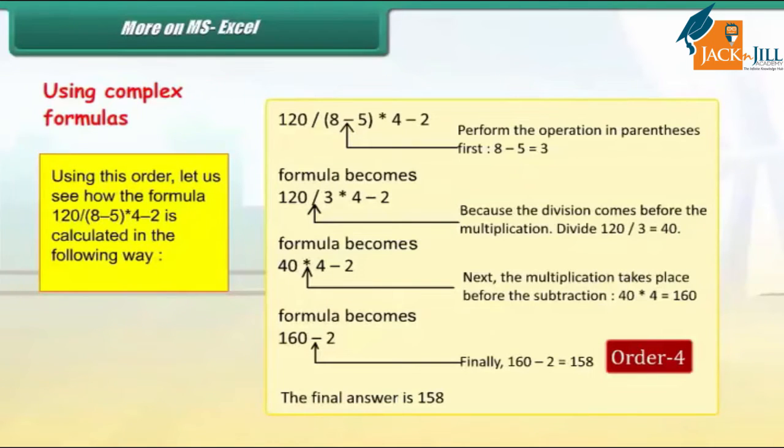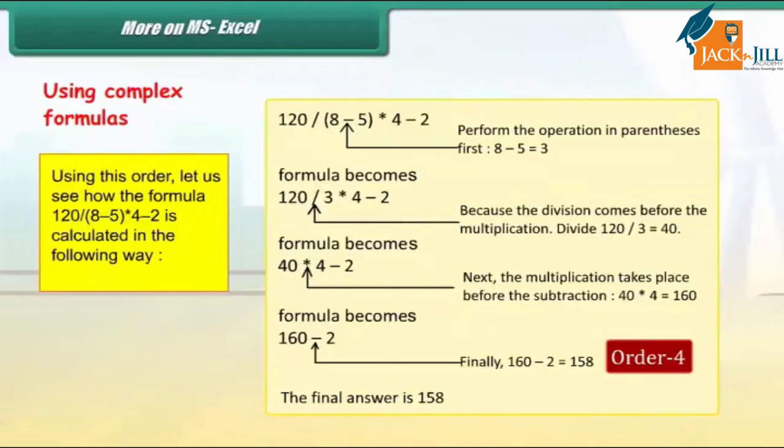Well, if you ignore the parentheses and calculate in the order in which the numbers appear, 2 into 6 minus 4, you will get the wrong answer 8. You must follow the order of operations to get the correct answer. To calculate the correct answer, calculate the operation in parentheses 6 minus 4, where the answer is 2.